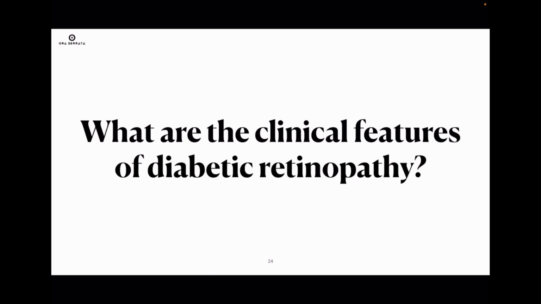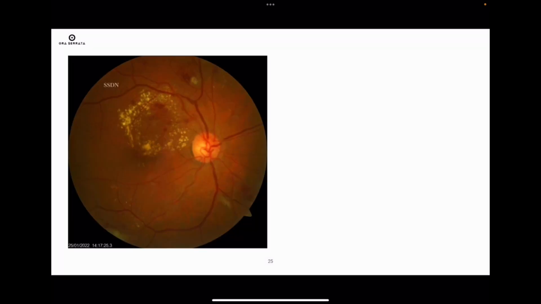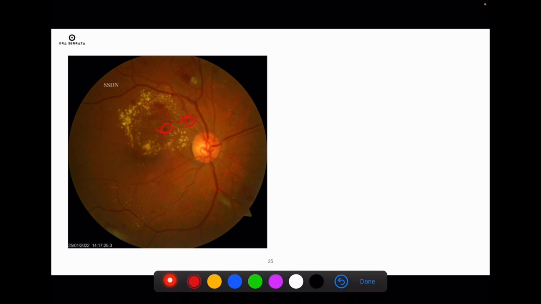So we had already discussed the clinical features of diabetic retinopathy. These usually include retinal hemorrhages. Then there is macular edema, as you can see with the dull foveal reflex.